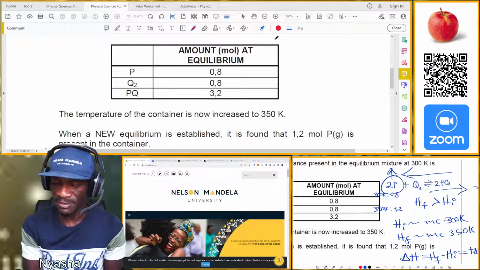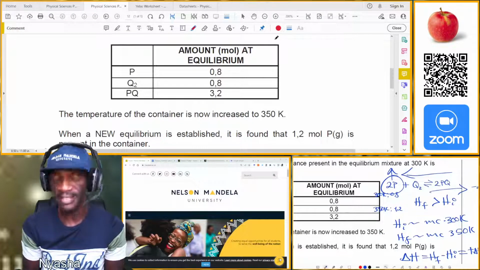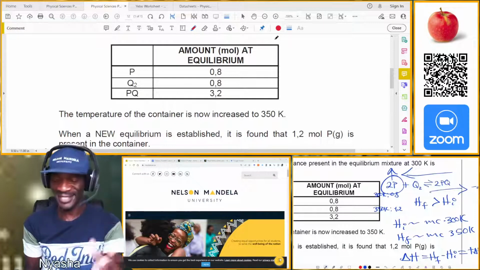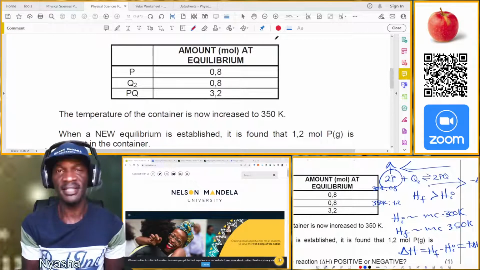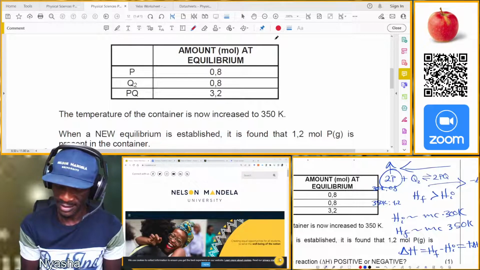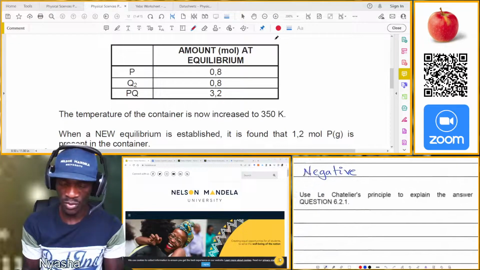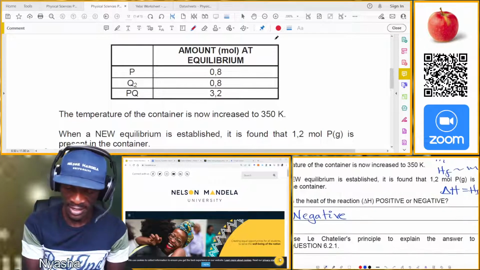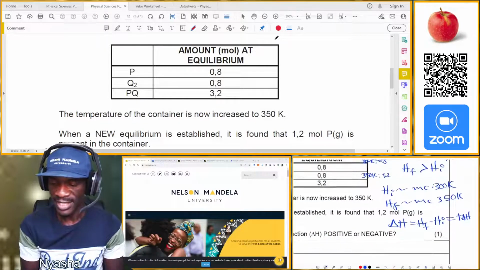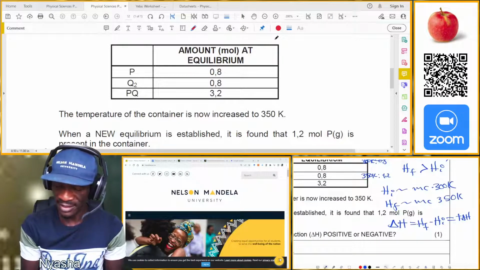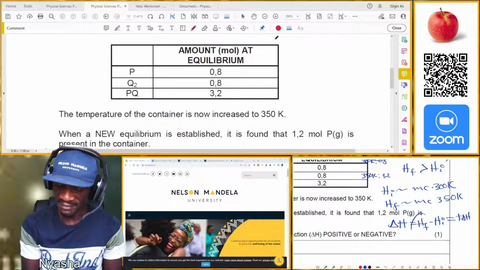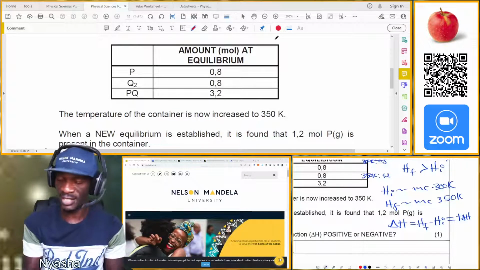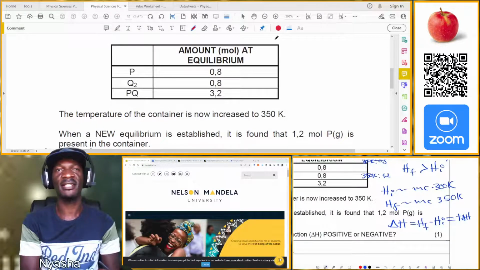So the final heat is larger than what? The initial heat. So delta H, the one which we want to find in this question, simply stands for the final heat minus the initial heat.